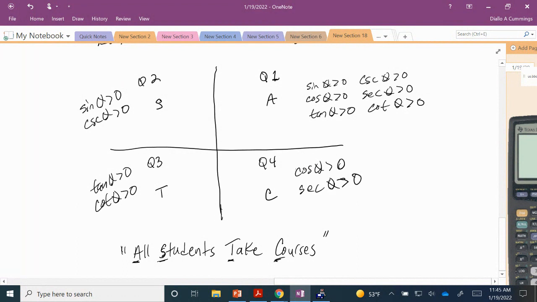Everything else is negative. All right. So this is the start of our reference angle chart. It gives us the signs for each of our trig functions in the four quadrants.